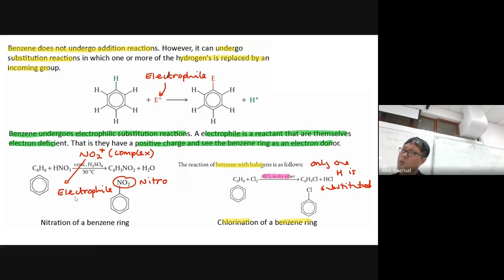What's happening here is that you are going to place a nitro group, the NO2, somewhere on the benzene ring. So basically you're placing a nitro group onto the benzene ring here.